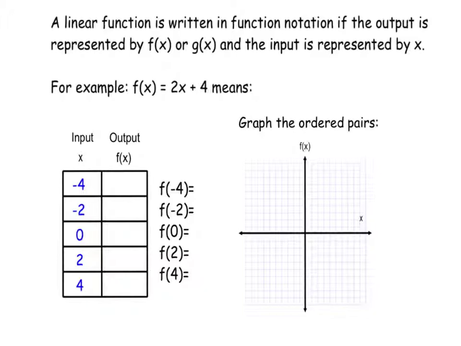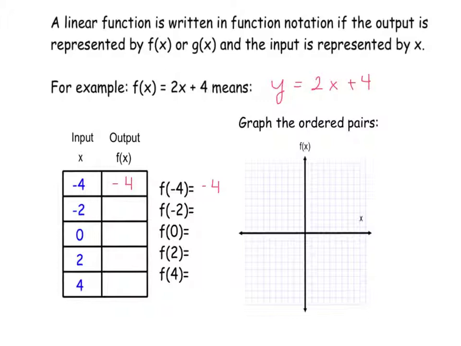So in this next question, f of x is 2x plus 4, which means the same thing as y equals 2x plus 4. So we are given some function values for x and we need to figure out what f of x will give us. So if we substitute in -4 for x, we have f of x equals 2 times -4, which is -8, plus 4 is -4. So my first function value, f of -4, is -4.